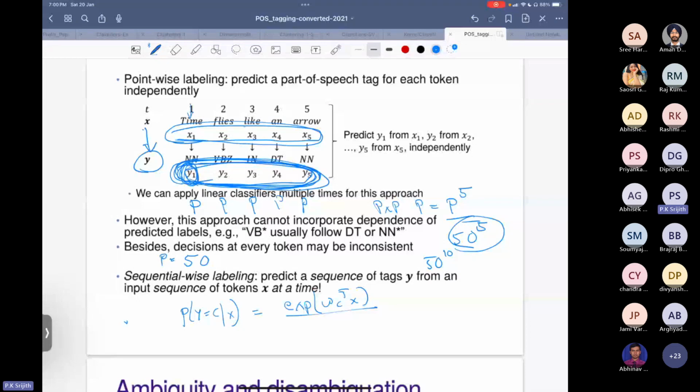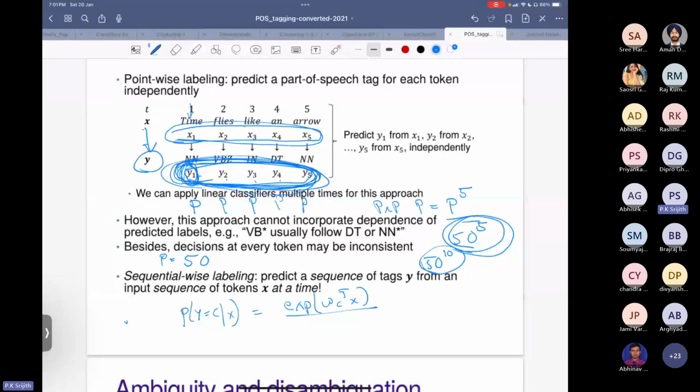So the total number of possible part of speech tag sequences is going to be 50 into 50 into 50 into 50 into 50, which is 50 raised to 5. And that's why you have 50 raised to 5 here. If the sentence length is something like 10, then it will be 50 raised to 10. So from your classifier's point of view, the number of different class labels is going to be in the order of 50 raised to 10 or so, which is very, very large.